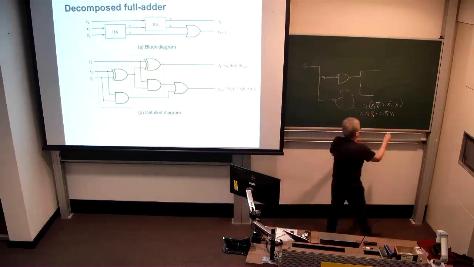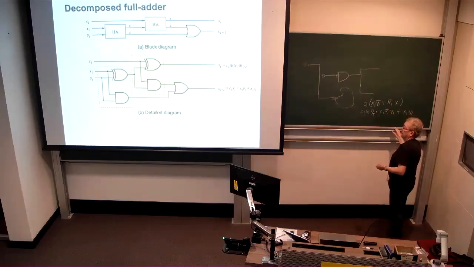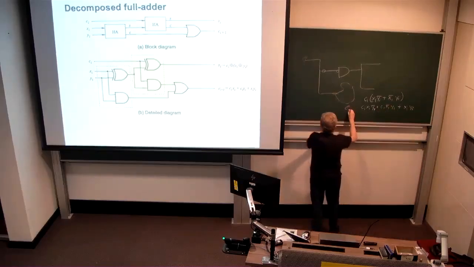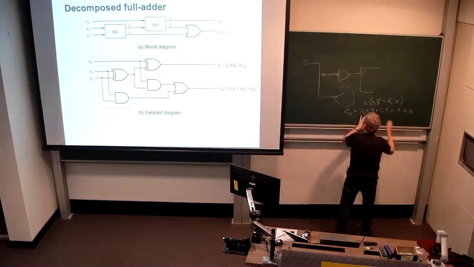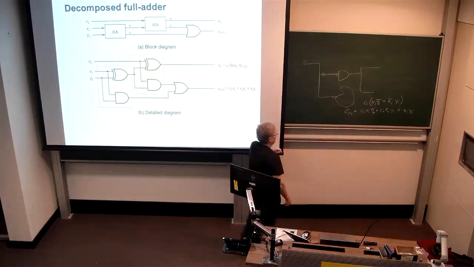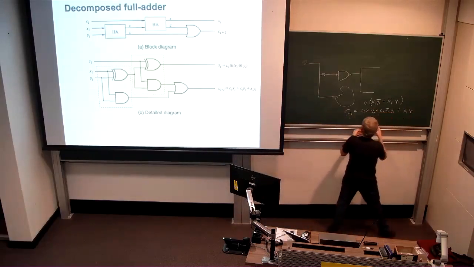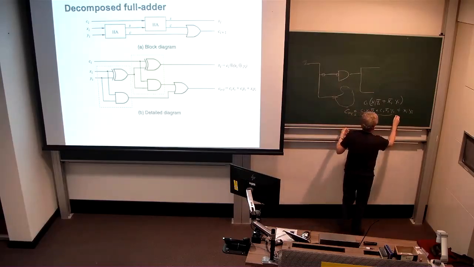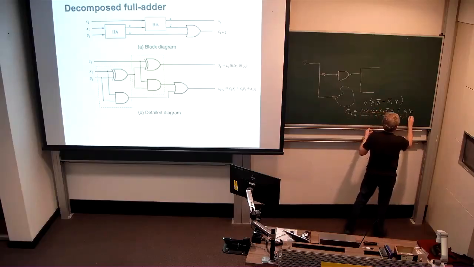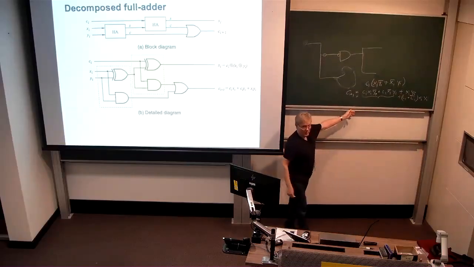And I'm ORing to that Xi Yi, so that's my expression for Ci plus 1. This reduces to this expression by ANDing Xi Yi with C. So what I want to do is show that this is equal to this part, Ci or not Ci, Xi Yi. Would you agree?